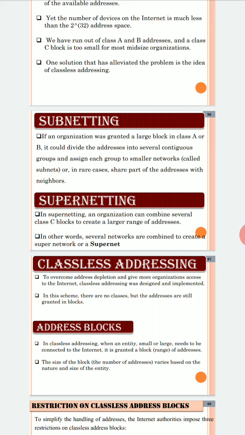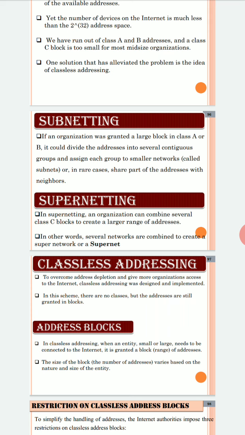Each subnet will have a larger prefix length than the original network, so we can have a variable length with a larger prefix compared to the original one.